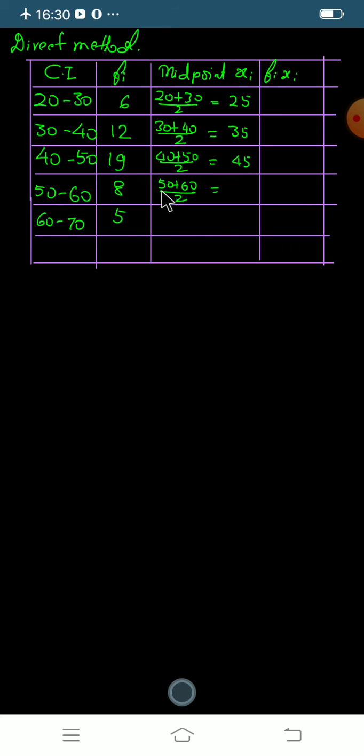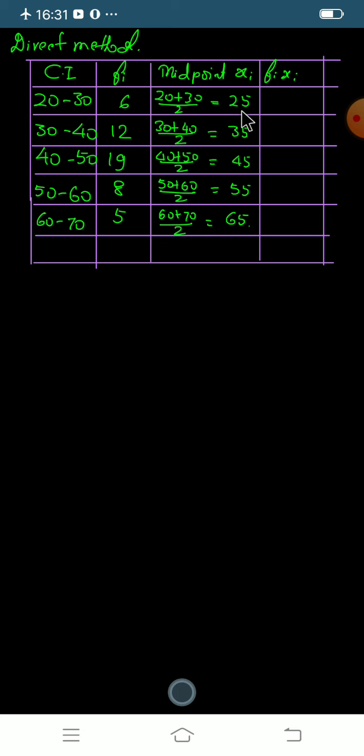How much? 110. 110 divided by 2, that is 55. Now 60 to 70, that is 60 plus 70 divided by 2, means 130. 130 divided by 2, that is 65.